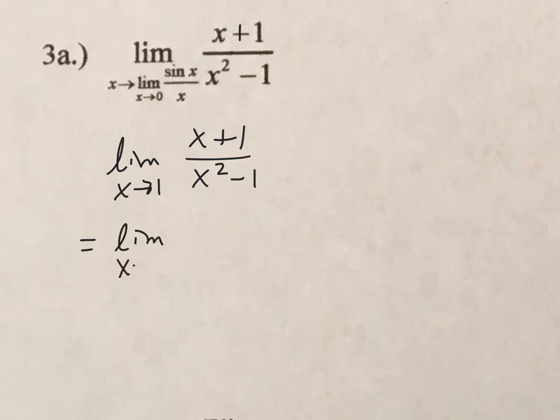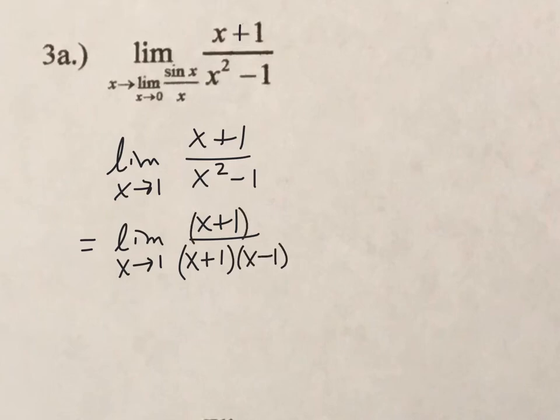So we'll take the limit as x approaches 1 of x plus 1 in the numerator over x plus 1 times x minus 1. Now you'll see that we have a common factor of x plus 1. So this simplifies to the limit as x approaches 1 of 1 over x minus 1. Now you might already know what this graph looks like.